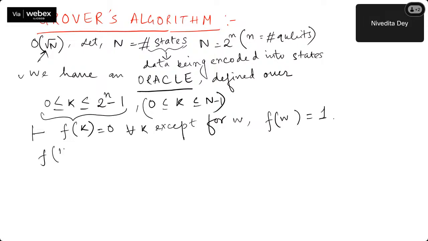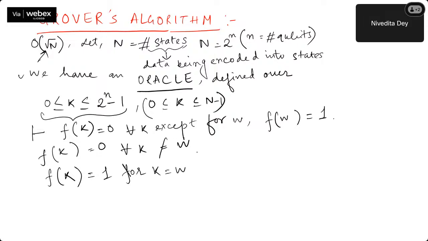In easy words, f of k is equal to 0 for all k not equal to w, and f of w is equal to 1 for k equal to w. What is w? w is the marked item. Marked item means the item that I want to find, or the item to be searched, the search item, whatever you call it. Okay.